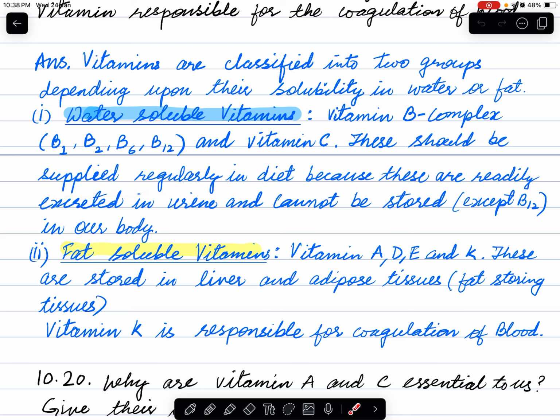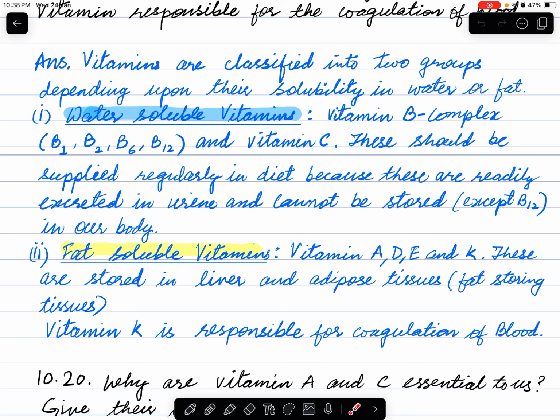Here the examples are vitamin B complex, which is basically a group of different vitamins like B1, B2, B6 and B12, and vitamin C. All these water soluble vitamins cannot be stored, but the exception is B12. B12 can be stored in our body for a long period of time.